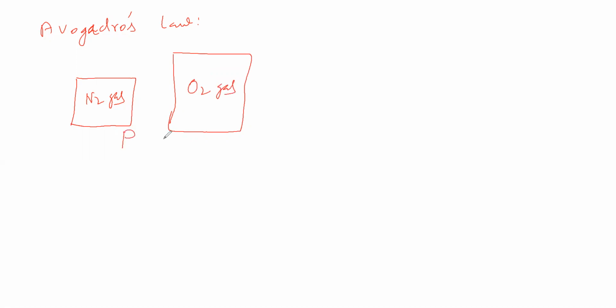Here the pressure of this gas is equal to the pressure of this gas. The temperature of nitrogen gas is equal to the temperature of oxygen gas. The volume of nitrogen gas is V1. The volume of oxygen gas is V2. Now the number of moles of nitrogen gas is N1. The number of moles of oxygen gas is N2.